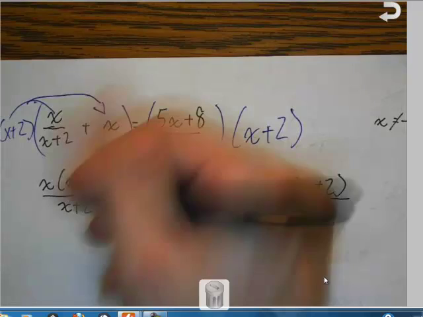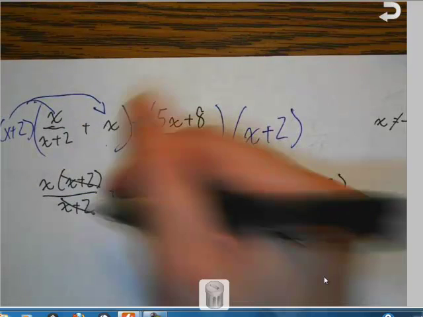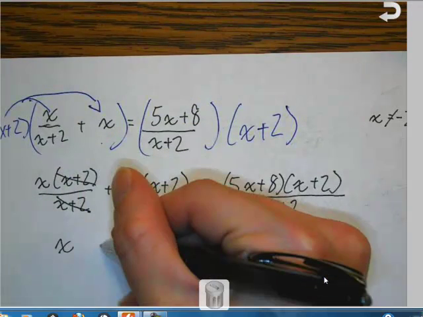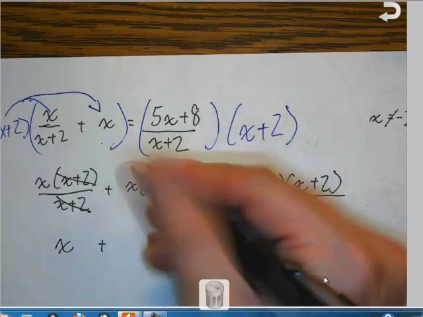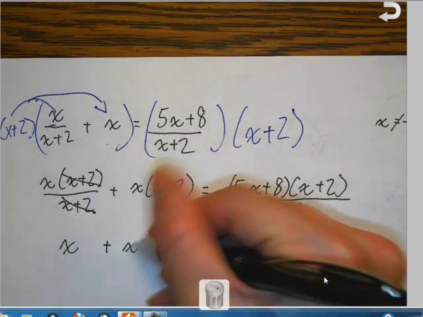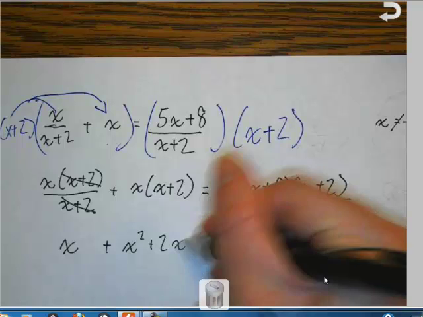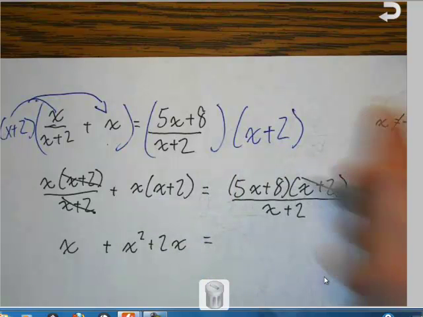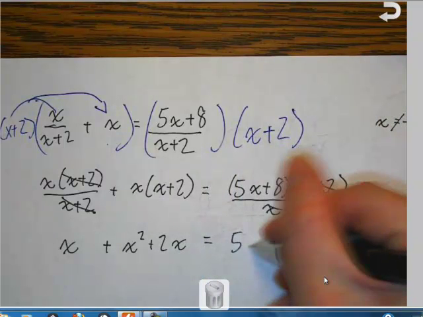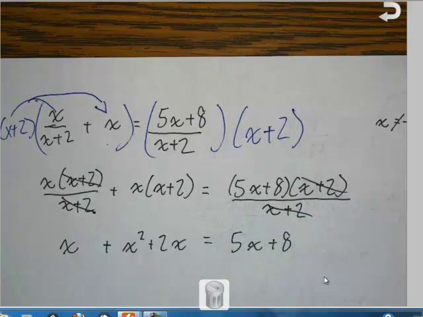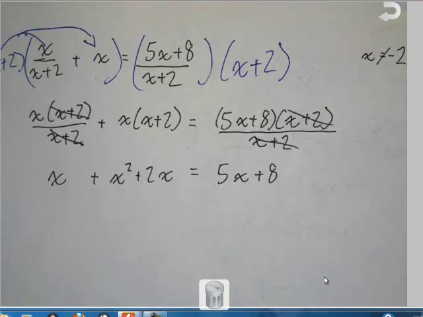And we cancel. We can go on ahead and distribute this. We have x squared plus 2x is equal to, this cancels this, so we say 5x plus 8. And now we recognize that we're running into a quadratic.